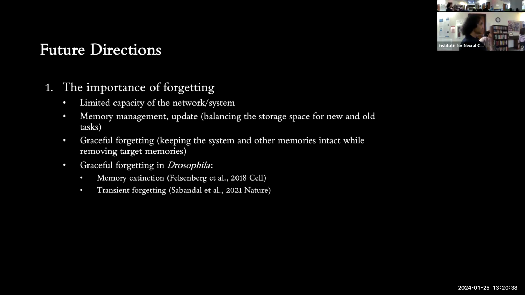There have been some demonstrations of graceful forgetting in Drosophila, such as memory extinction and transient forgetting. So I would be interested to look at those mechanisms and try to integrate them into continual learning algorithms.